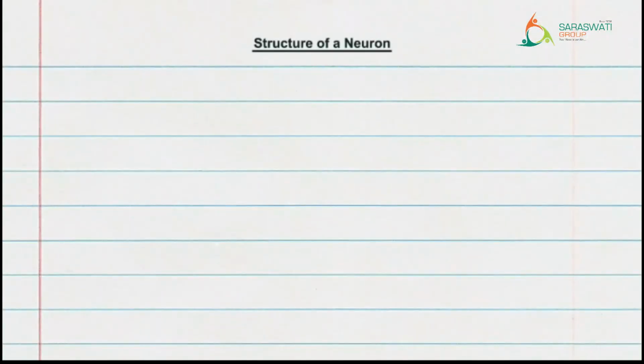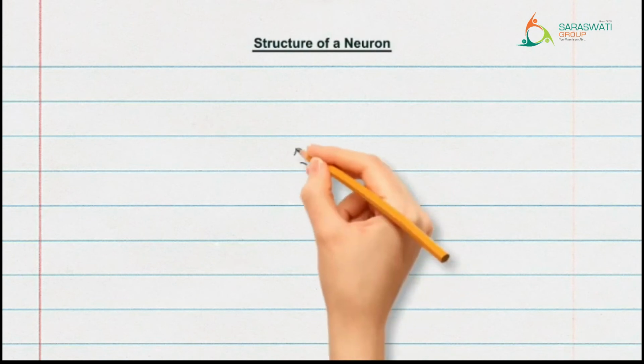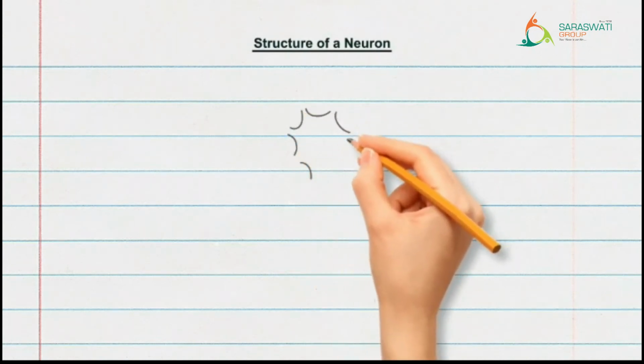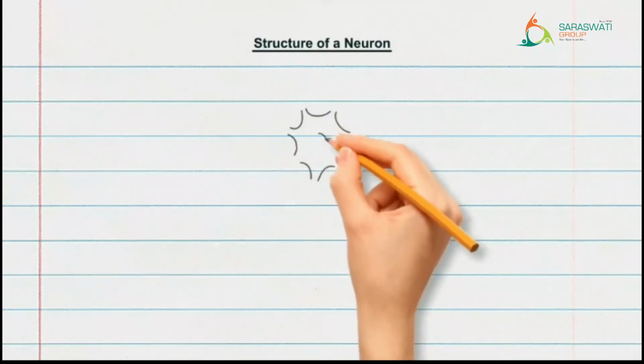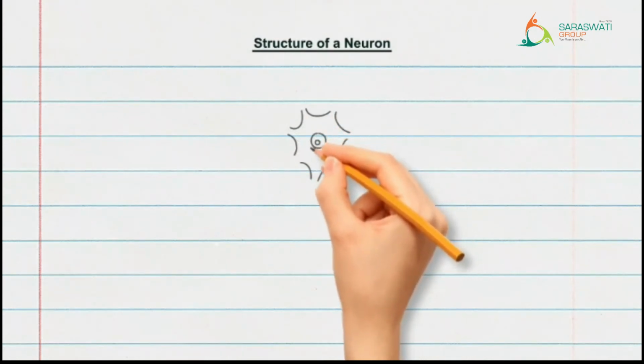Structure of a neuron. Start by drawing a star-shaped cell. Within the cell body, draw a small circle to represent the nucleus.